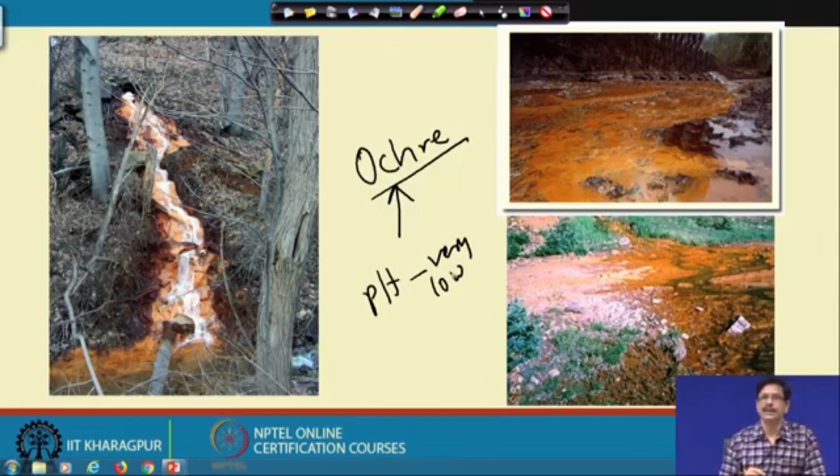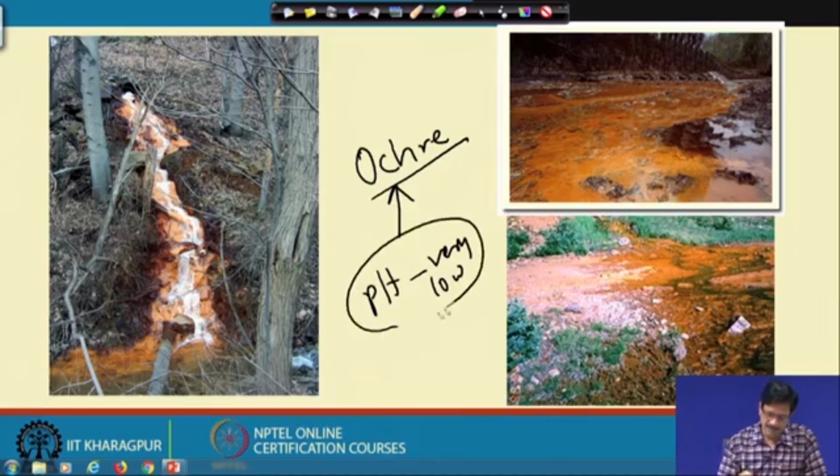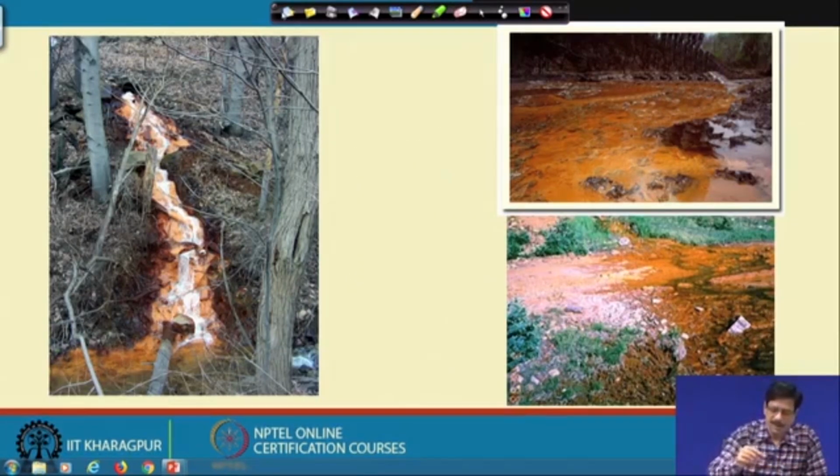We will see the range in which such pH variation takes place, and under such very low pH, many secondary mineral species come into existence, which have pretty limited stabilities, but play a significant role in mobilizing many of the heavy metals and toxic metals in the environment. These are some of the features, and many such pictures of acid mine drainage and such aqueous precipitates are available in the public domain.